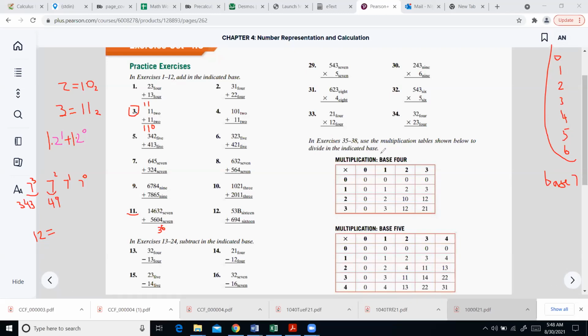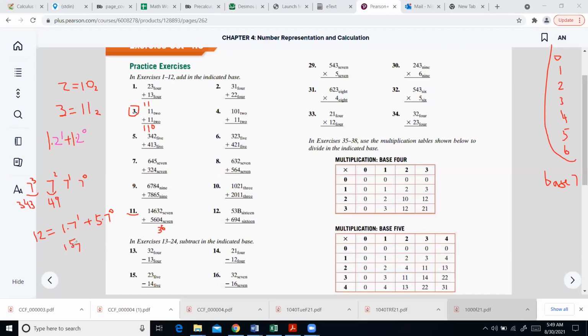So I need to write it using powers of 7. The first power of 7 will fit there once, and what remains will be 5, so it'll be 5 times 7 to the 0 power. So this number is actually 1, 5 in base 7.